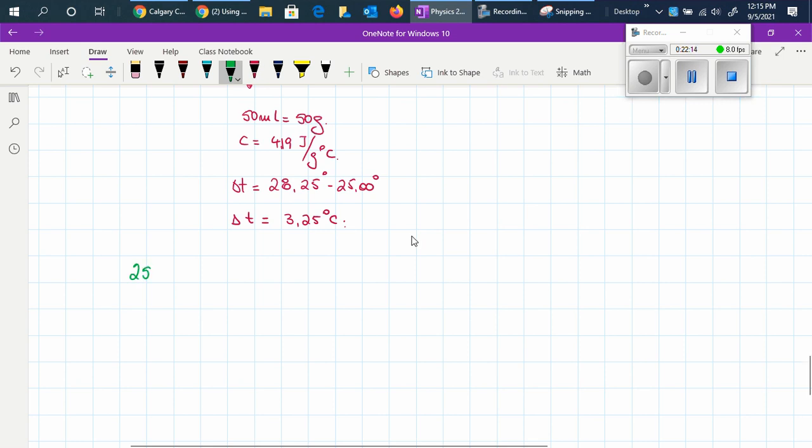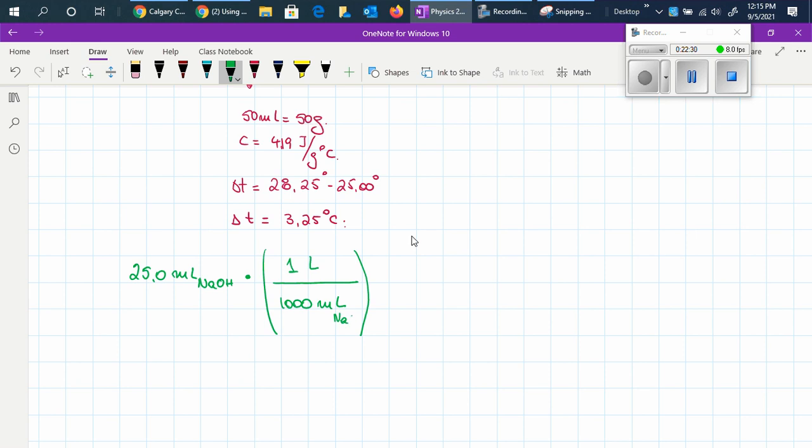So 25 milliliters of sodium hydroxide times, let's convert this into liters first. So 1,000 milliliters is 1 liter of sodium hydroxide, and the milliliters of sodium hydroxide cancel out.